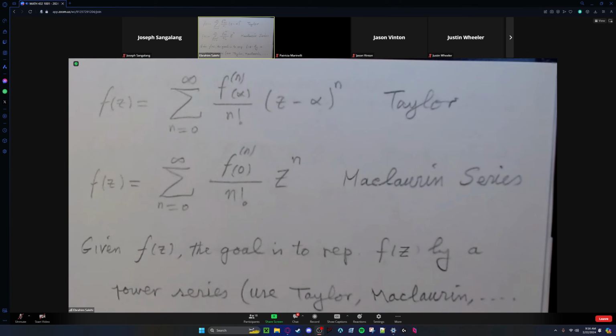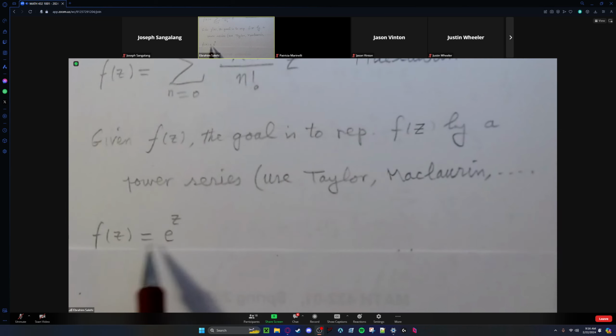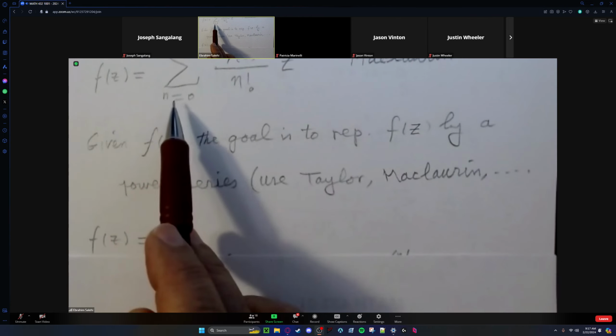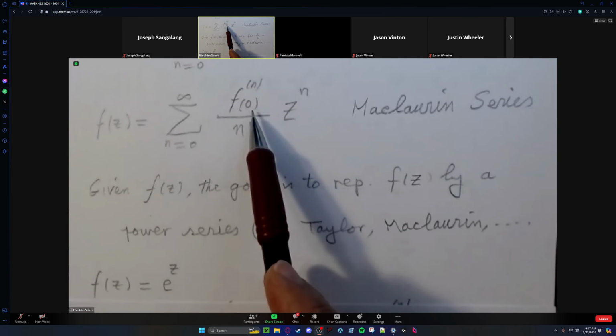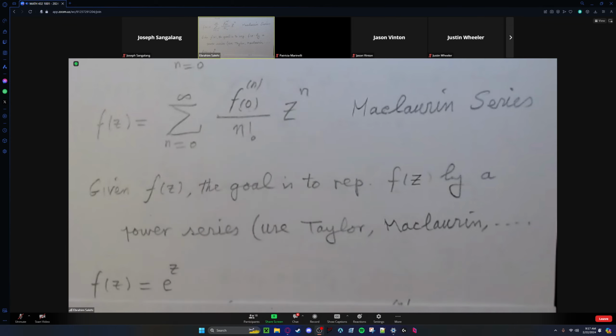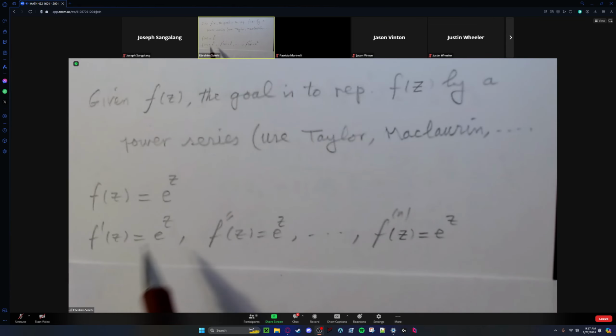Okay, example. Look at f of z equals e to the z. I want to find the Maclaurin series of this function. I want to find this series right here. What I need here is the nth derivative of the function evaluated at 0. Here is the nth derivative. The derivative of e to the z is always e to the z. And when you evaluate at 0, let z be 0.